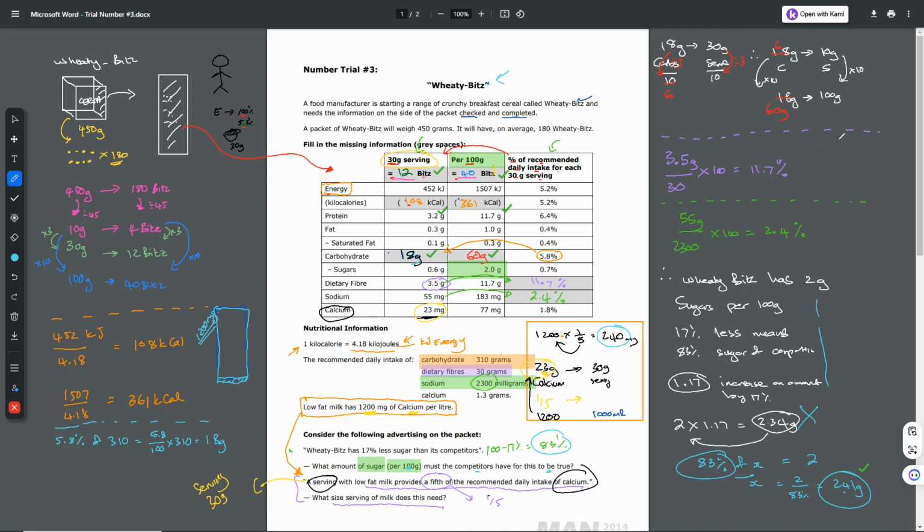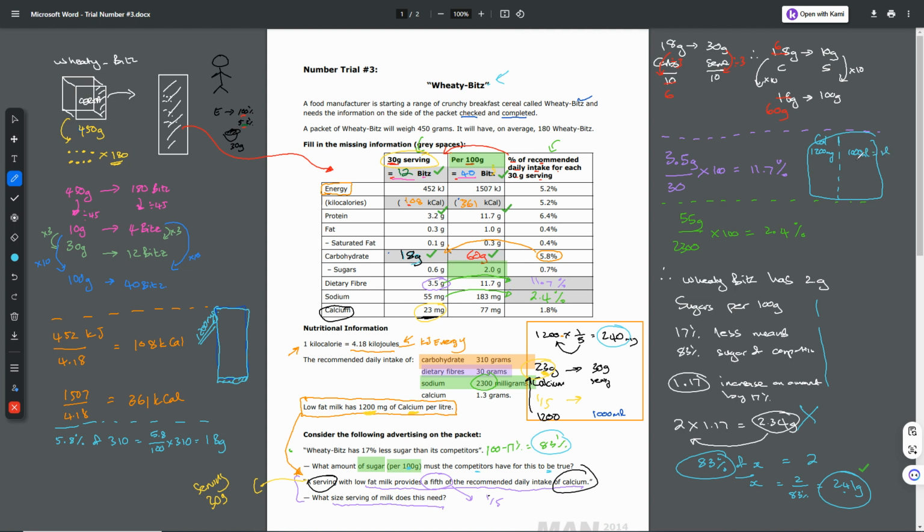And if I use this part over here, we've got 1,200 milligrams of calcium in 1,000 milliliters, which is equal to 1 liter.